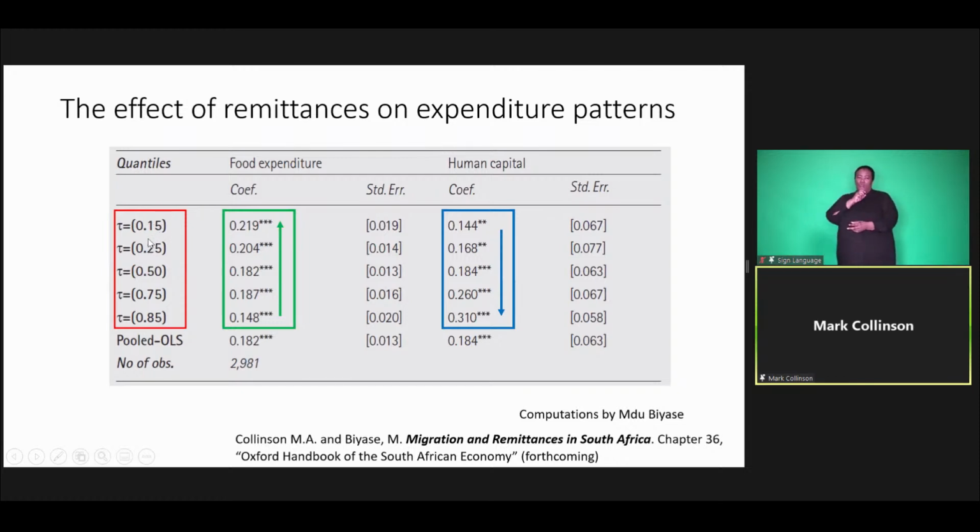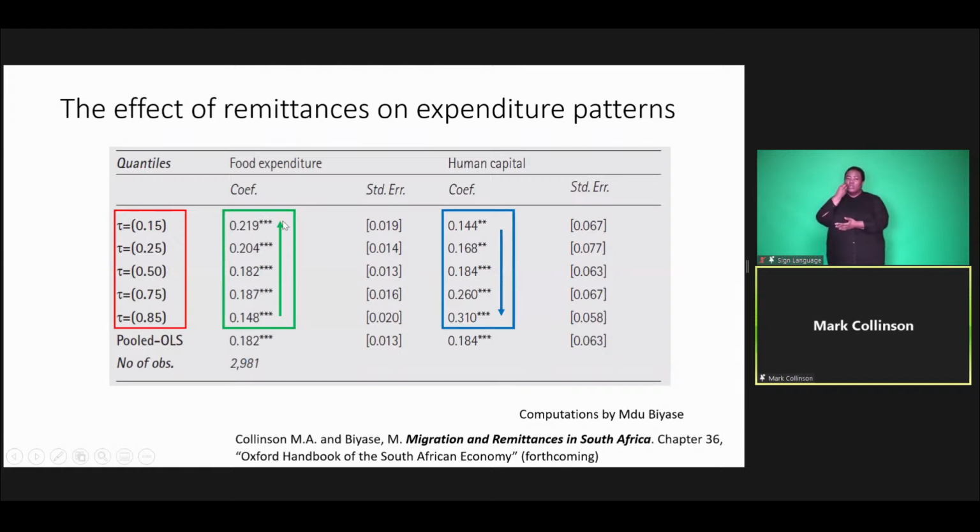So these are the poorest households, and a fifth of the distribution is in each row. Now, the question that Mdu is modeling for us with NIDS data is, of those who have remittances, what is the likelihood that food is being bought with the remittances, broken down by these quintiles?